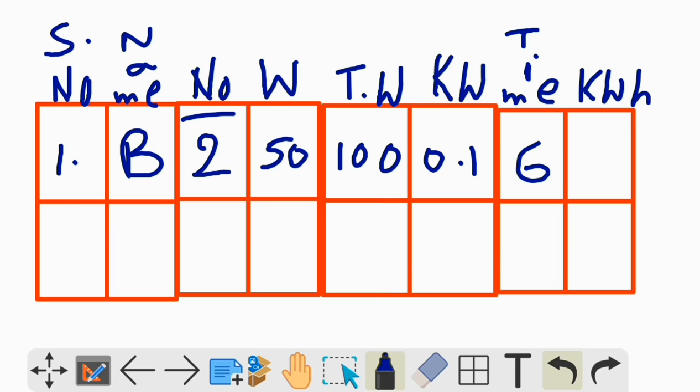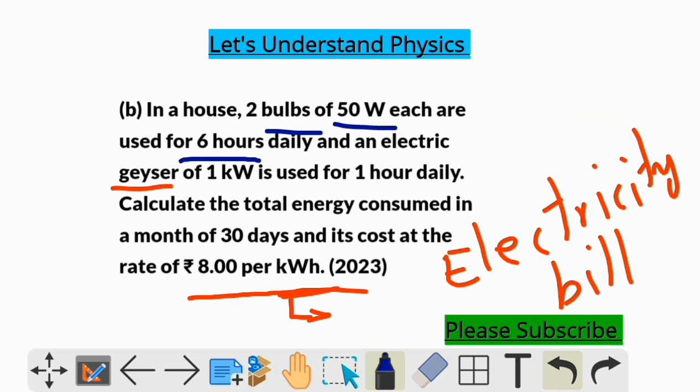So what is the total kilowatt hour? For that you just need to multiply this column, kilowatt, and the time. Okay, so 0.1 into 6 will become 0.6. That's all. And then second one, they have given geyser. There is only one geyser, and the power rating is 1 kilowatt. Directly they have given in kilowatt, so we need not convert. And then time, it is 1 hour.